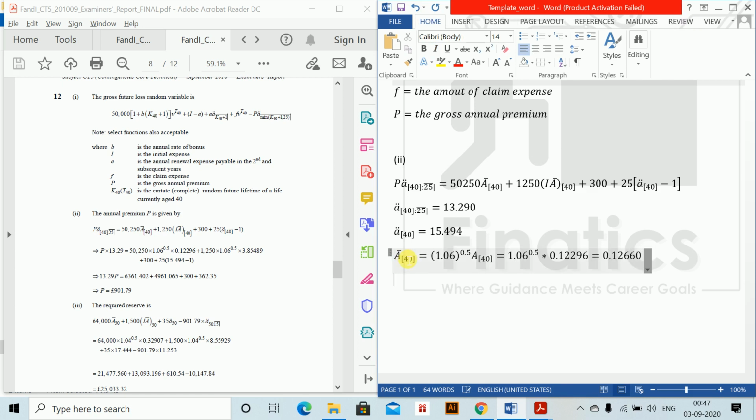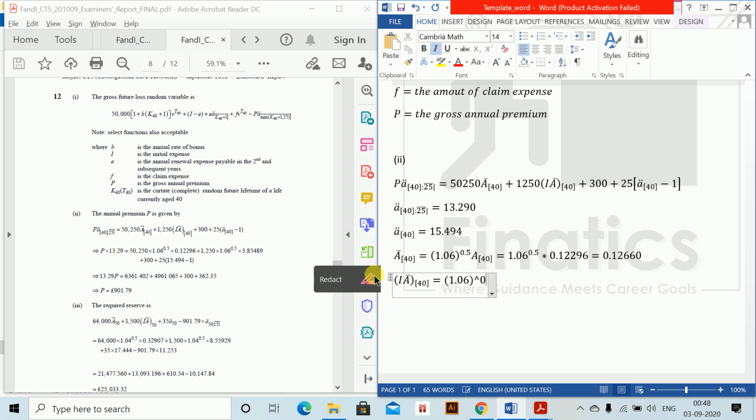Also, (IĀ)_40 is equal to 1.06 to the power 0.5 (IA)_40, which is equal to 1.06 to the power 0.5 into 3.85489, which is equal to 3.96885.